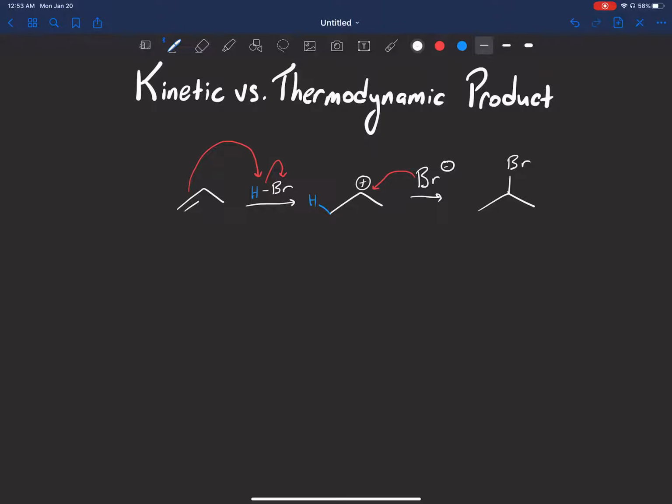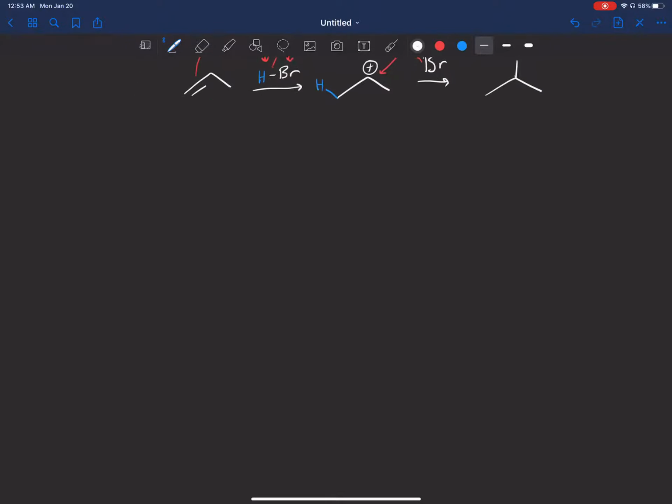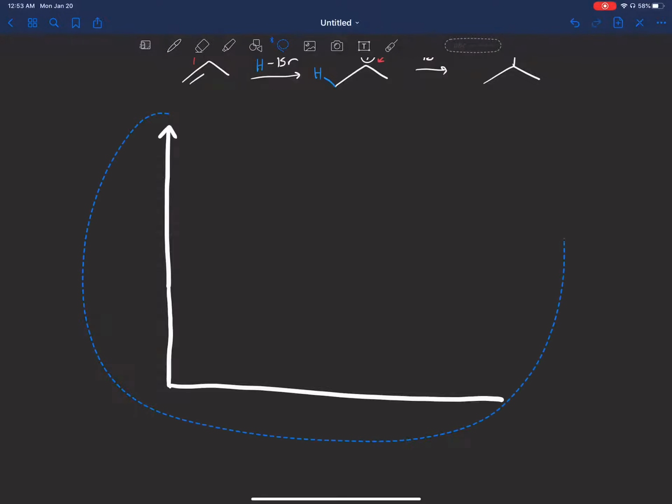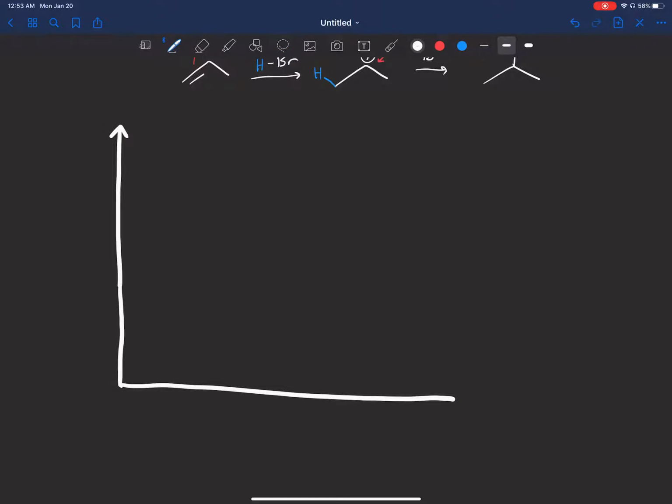Now we're going to move on to the new stuff. For this, I'm going to be drawing an energy diagram because it is very useful in understanding this, and you should understand how the energy diagram works. Let me make this bigger. The axis over here is going to be energy.